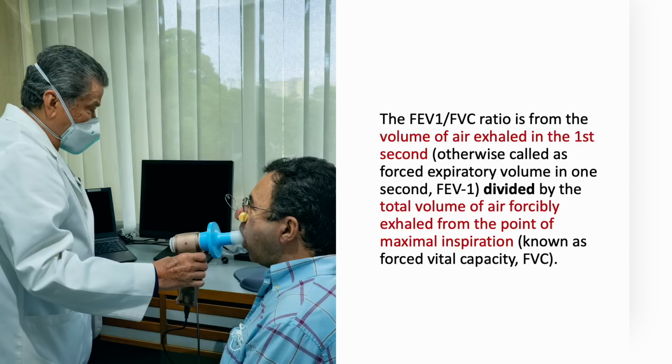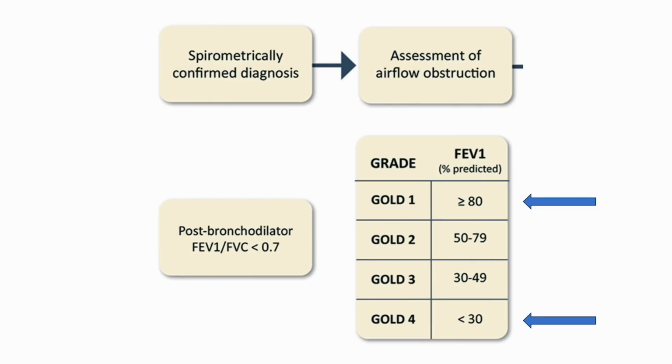If the airway obstruction is fixed, it means that the airway obstruction is present even following bronchodilators. Once a COPD diagnosis is confirmed by a post-bronchodilator FEV1/FVC ratio of less than 0.7 or 70%, assessment of airflow obstruction severity is identified by looking at the FEV1 percentage.